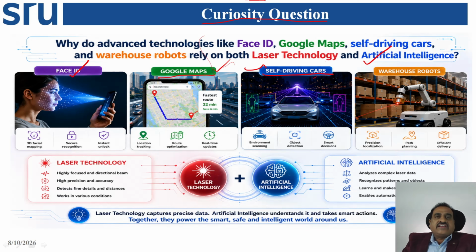Artificial intelligence can then analyze that information and make intelligent decisions. In a simple way, we can say that laser technology helps us collect precise information, and artificial intelligence helps us understand and use that information. This is one reason why laser technology continues to be important in modern engineering and computer science.